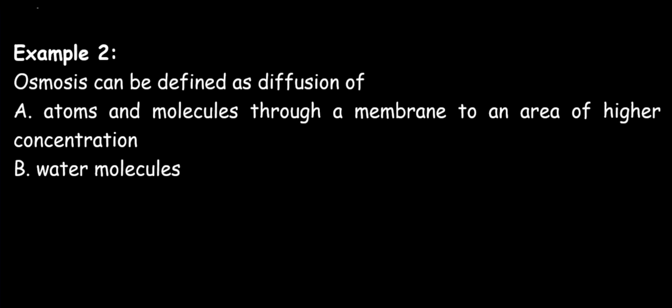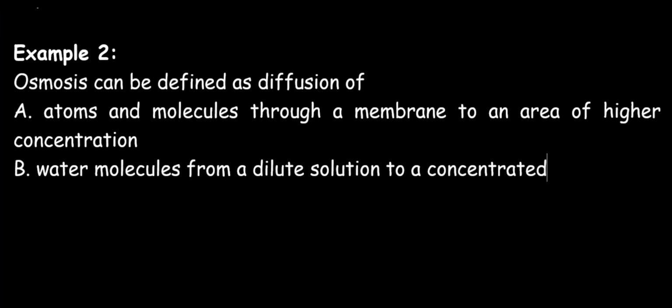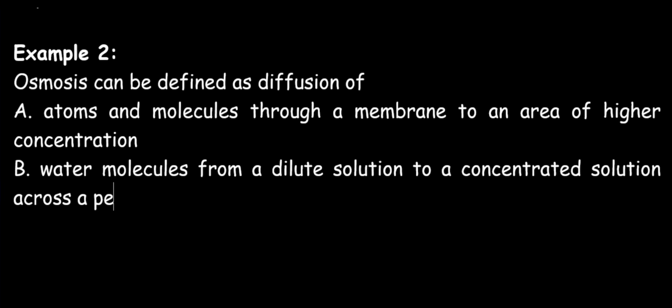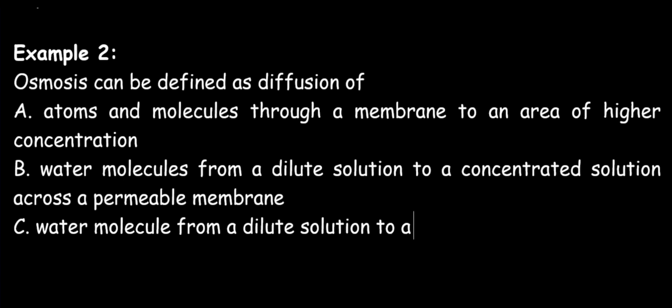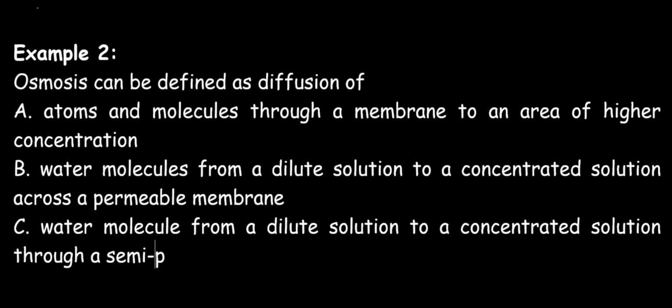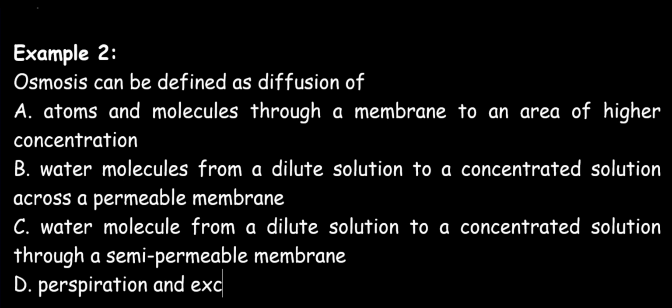B. Water molecules from a dilute solution to a concentrated solution across a permeable membrane. C. Water molecules from a dilute solution to a concentrated solution through a semi-permeable membrane. D. Perspiration and excretion.